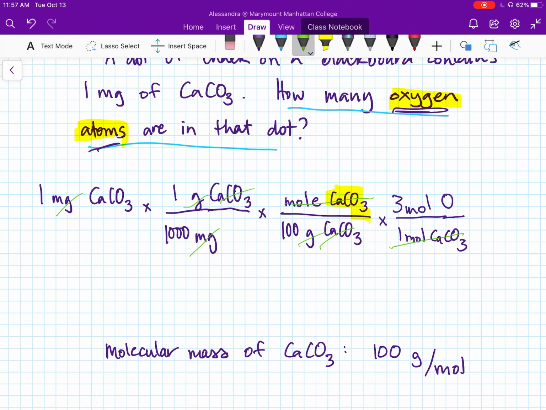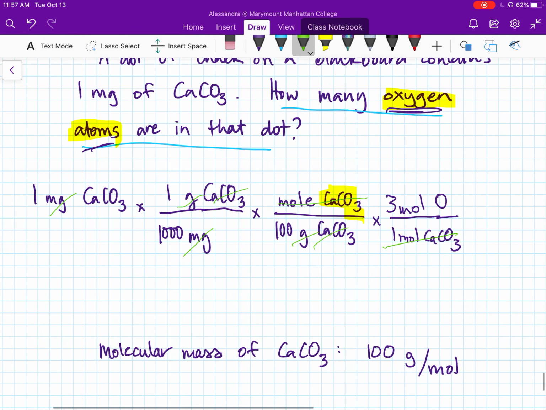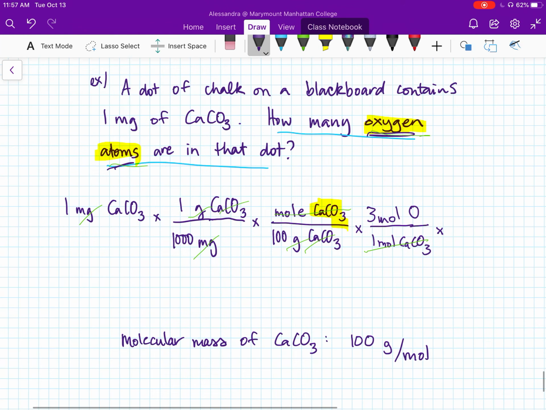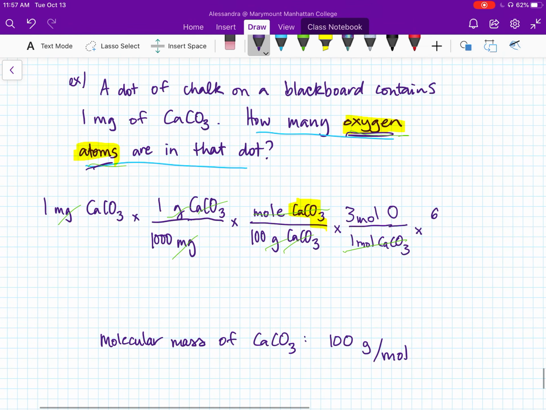That enables me to cancel out the moles of CaCO3. And I want the number of oxygen atoms. So my final step is to just use Avogadro's number, because I have Avogadro's number, 6.022 times 10 to the 23rd atoms of oxygen in 1 mole of oxygen.